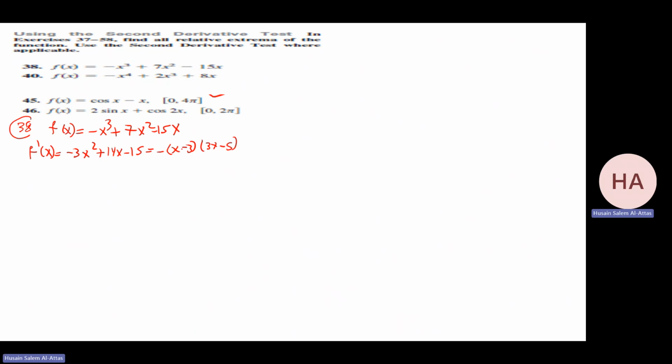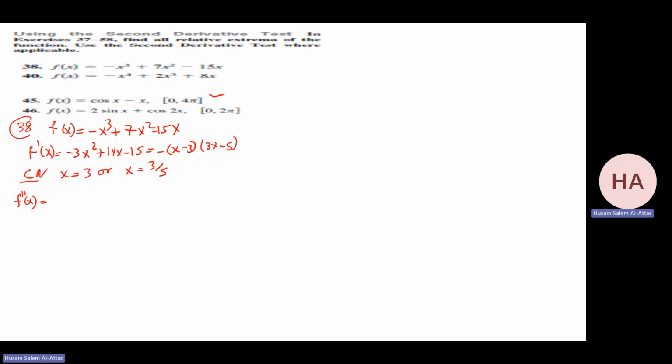So the critical numbers: I have x equals 3, or x equals 3/5.